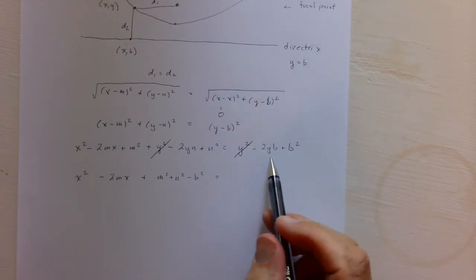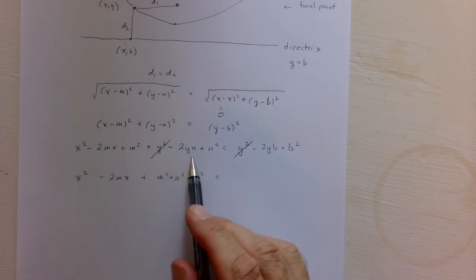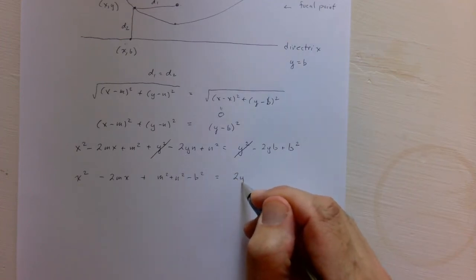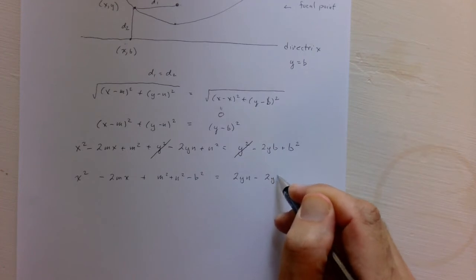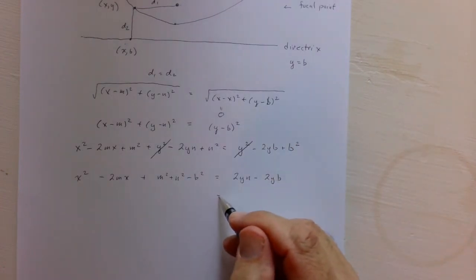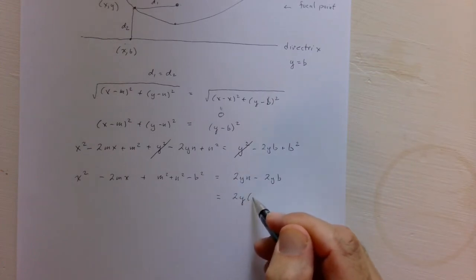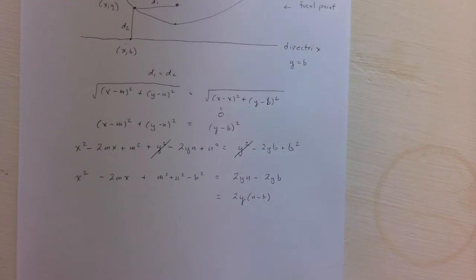Then I'm going to put all the y terms over here. We can add 2yn to both sides, so this will be 2y times (n minus b). Divide everything by 2 times (n minus b).